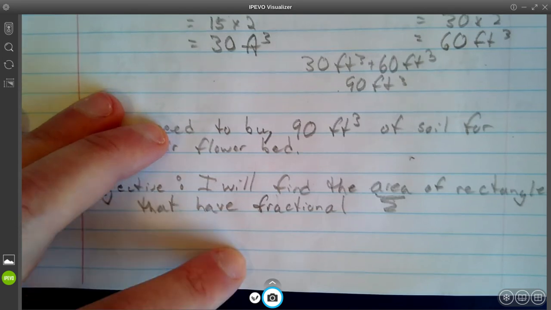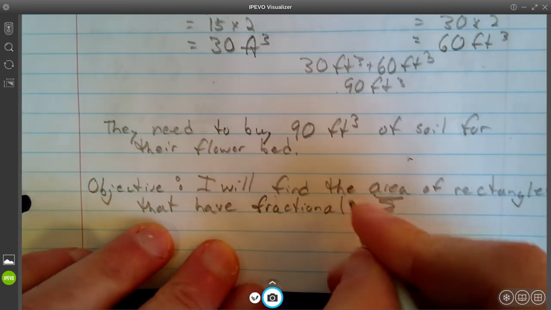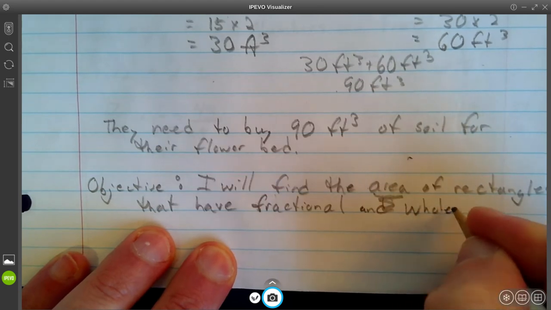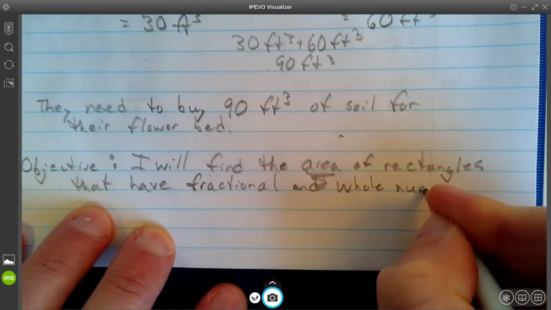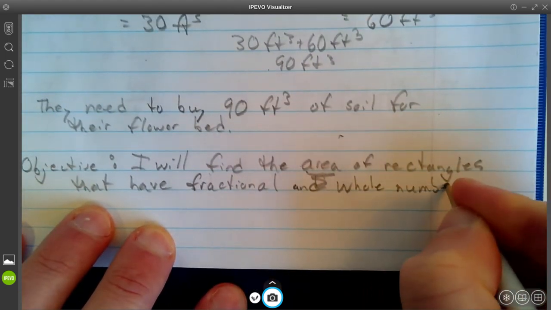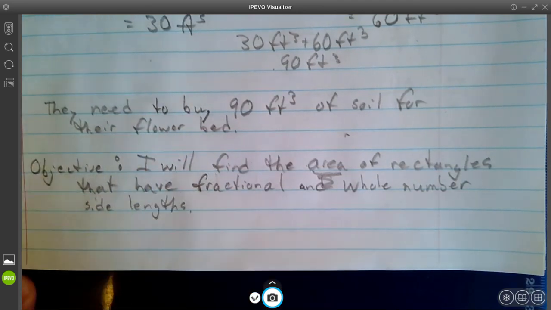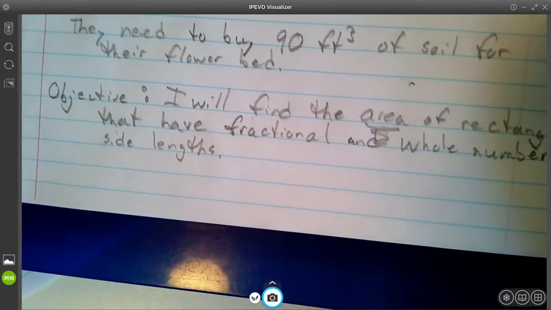So fractional and whole number side lengths. All right. Well, that's where we're at. So finding some areas.